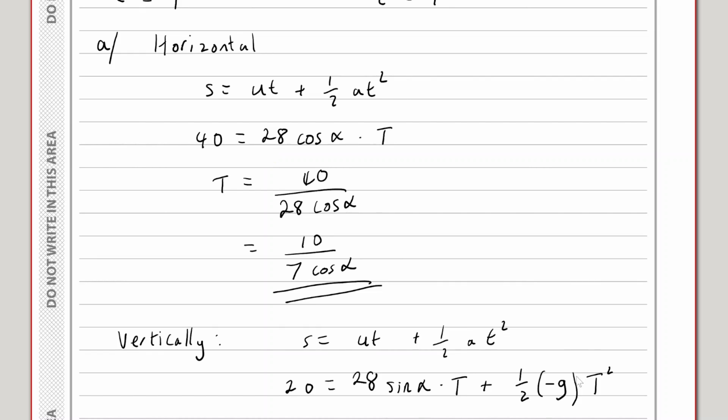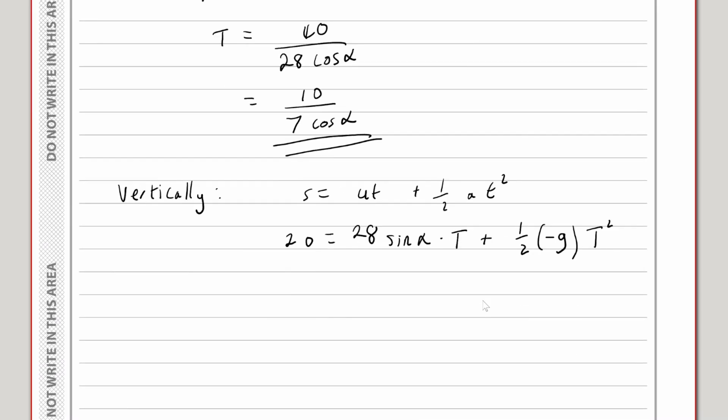We're going to have to change our G. We'll change it into a 9.8. And then we're just going to eliminate T.